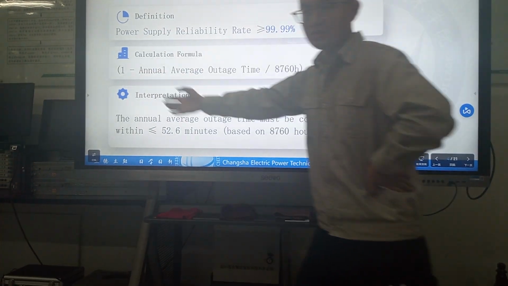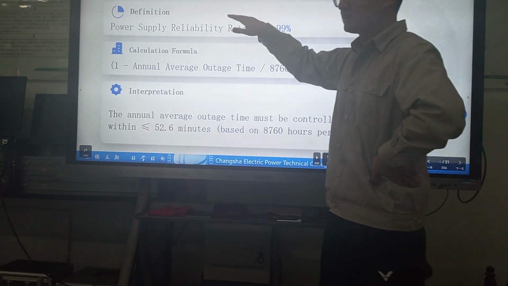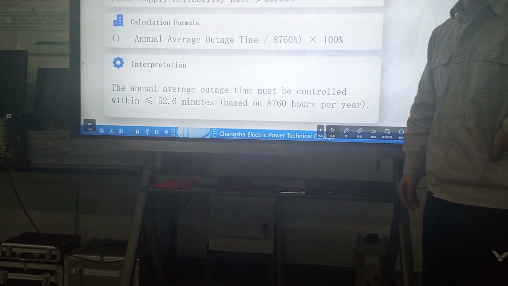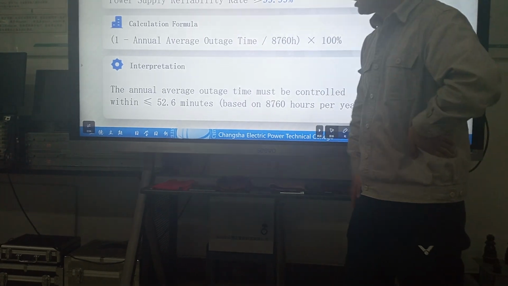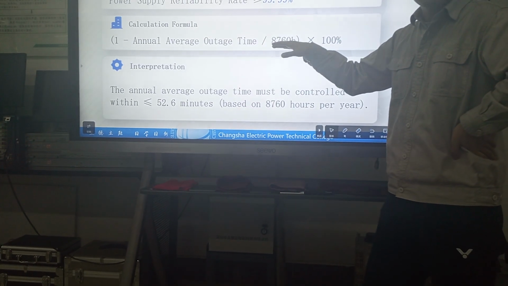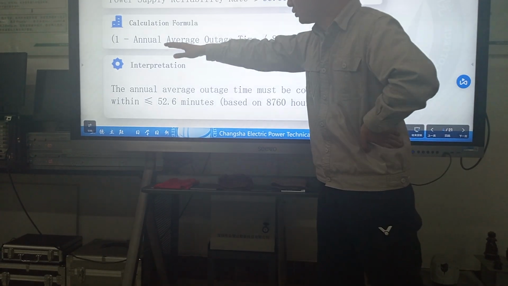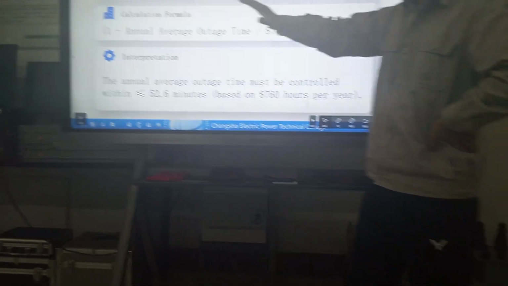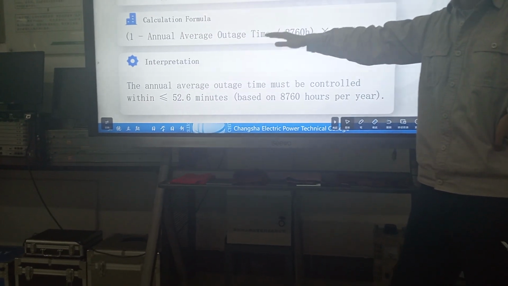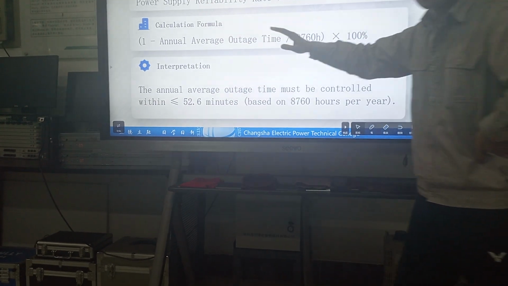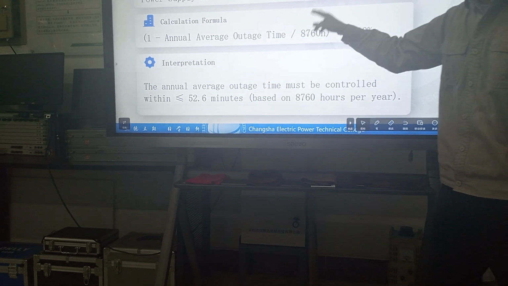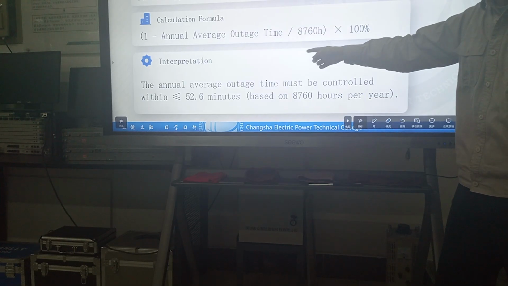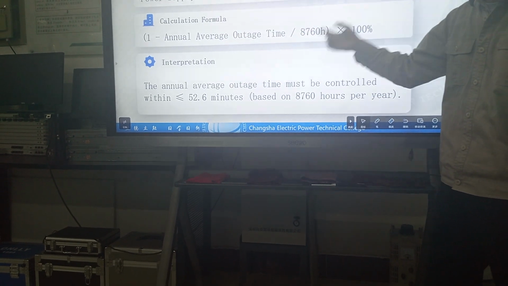How to calculate the reliability? It is 1 minus the annual average outage time, divided by the time of the year, right?